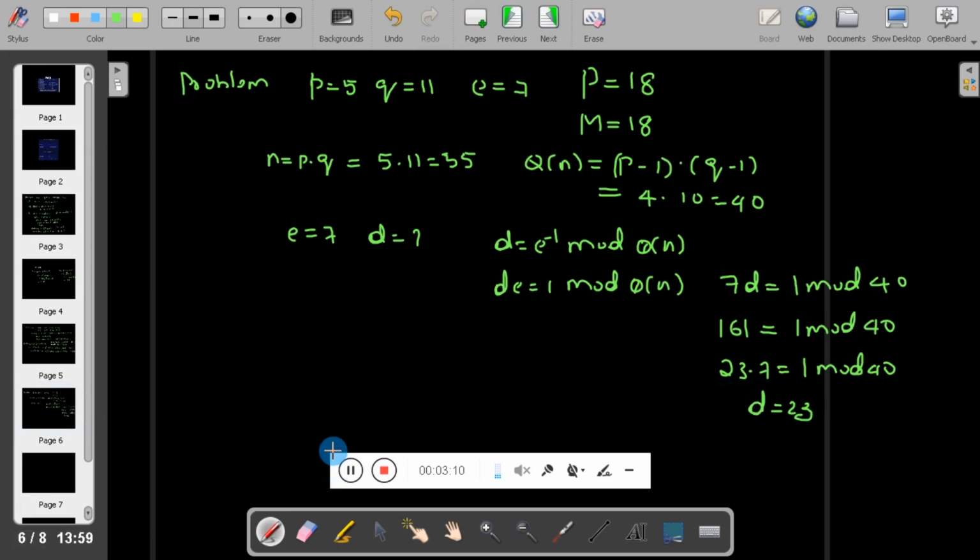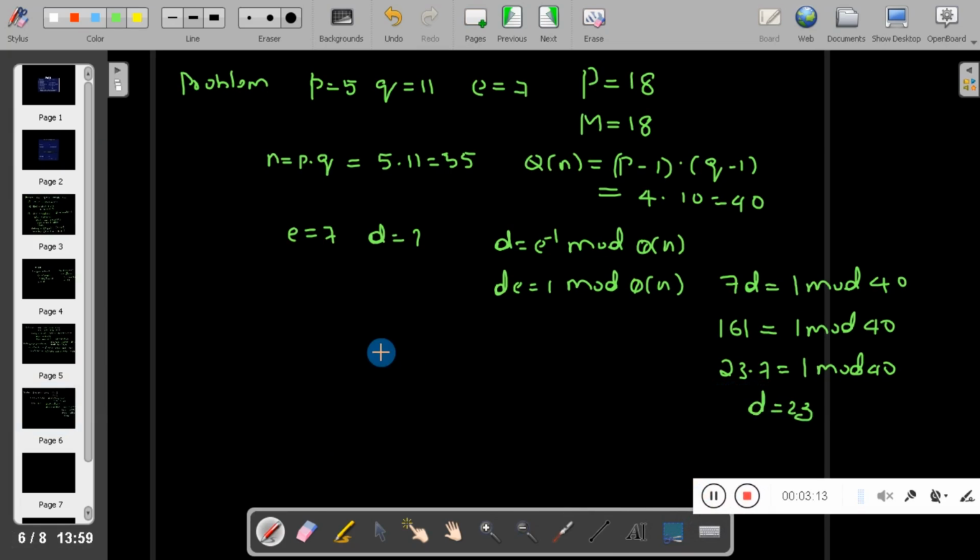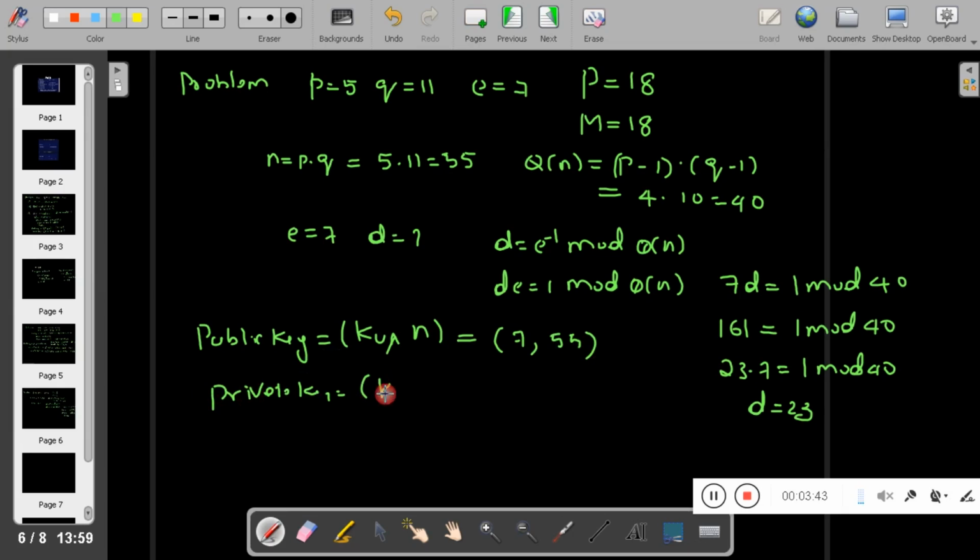So now let me write here the public key and private key. First I will write the public key. Public key is equal to KU, that is {7, n}, in our case n is 55, and private key is KR, that is {d, n}, in our case it is {23, 55}.